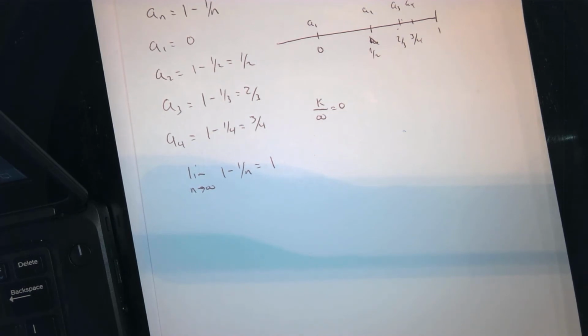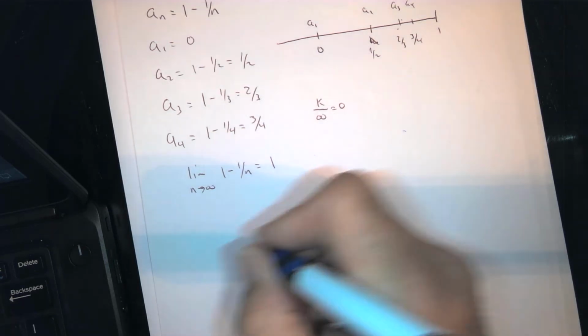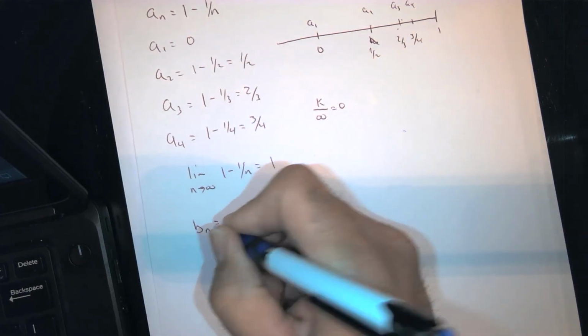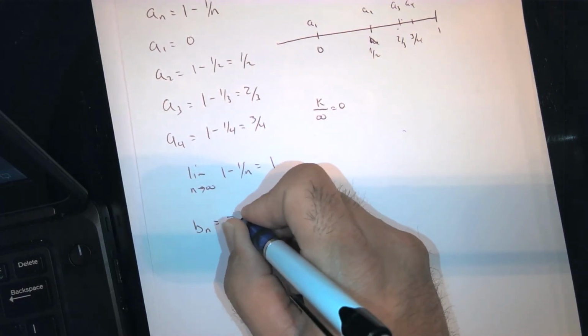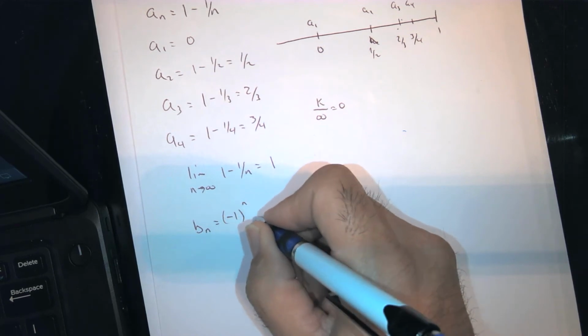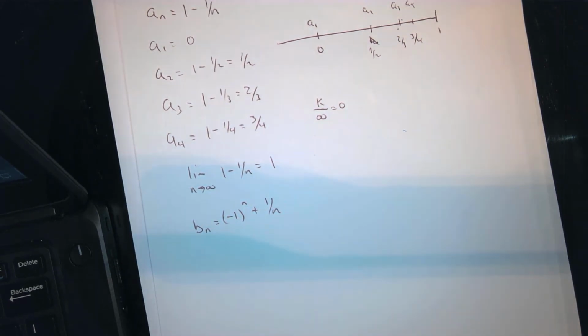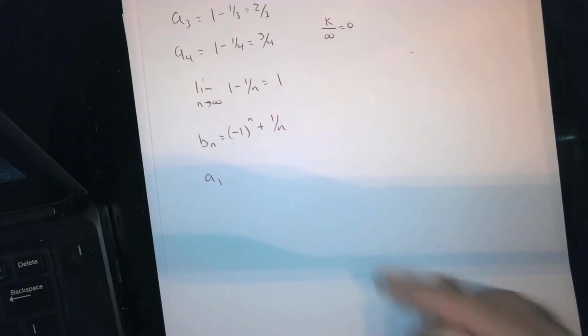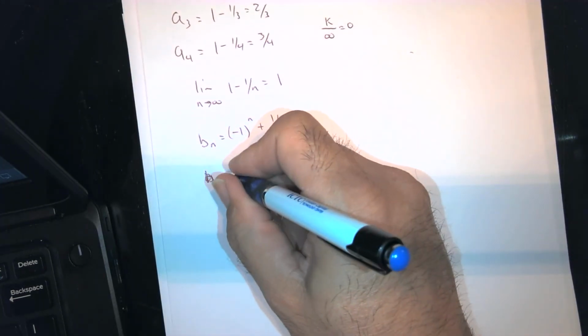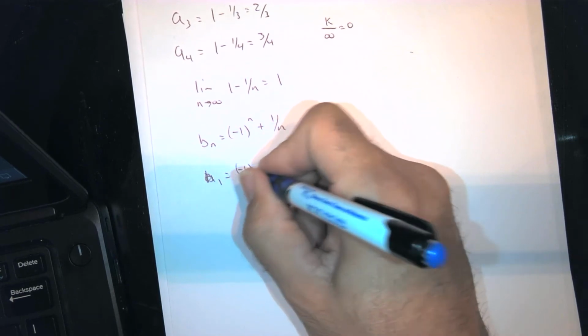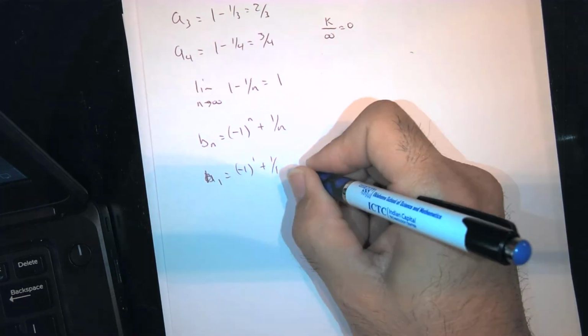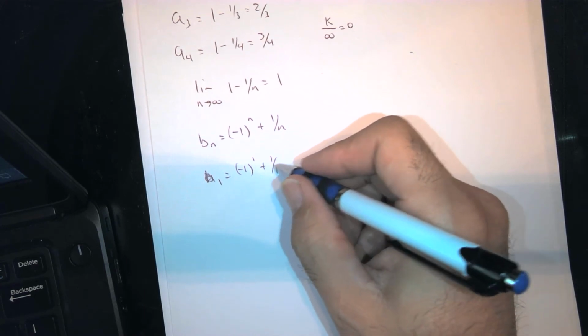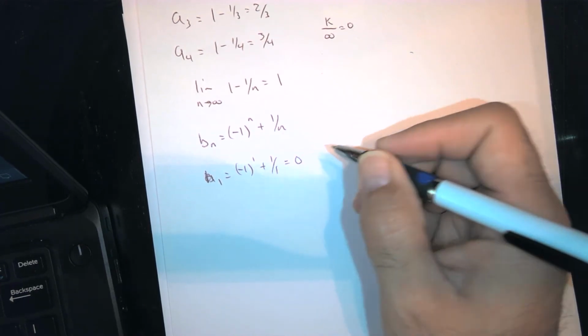So let's take a look at another sequence here. Let's take a look at this one right here. Let b sub n be equal to negative 1 to the n plus 1 over n. So if we have b sub 1, let's find out what b sub 1 is. It's going to be negative 1 to the first plus 1 over 1, and that is going to be 0.